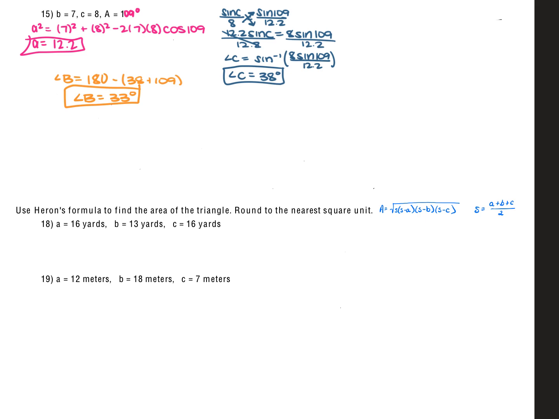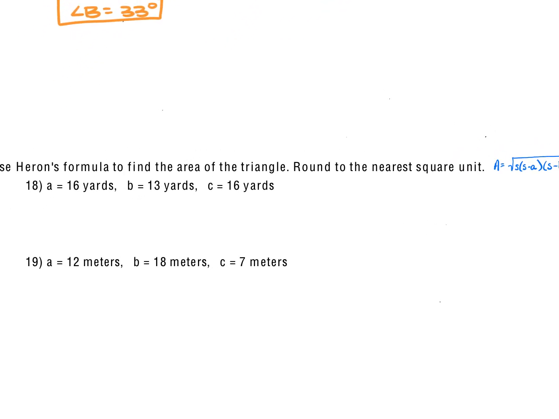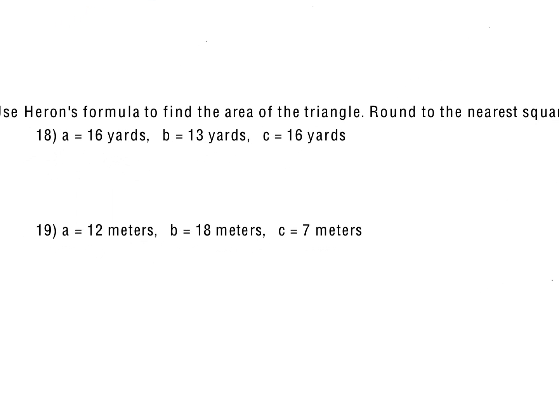So first thing we're going to do is find S. For 18, we're given A of 16 yards, B of 13 yards, C of 16 yards. So to find S, we're going to do 16 plus 13 plus 16 divided by 2. So 16 plus 13 plus 16 all divided by 2 gives us 22.5.